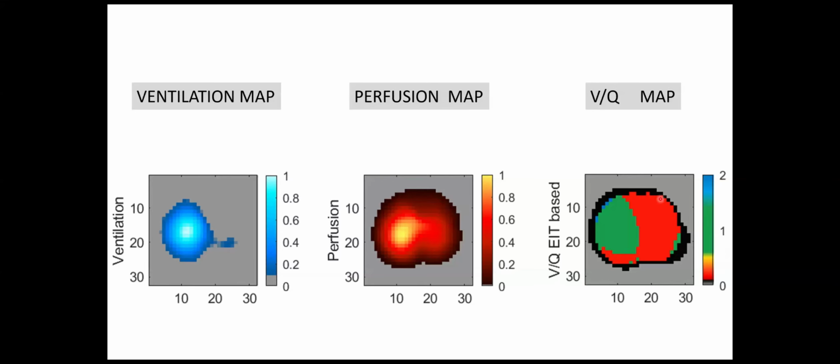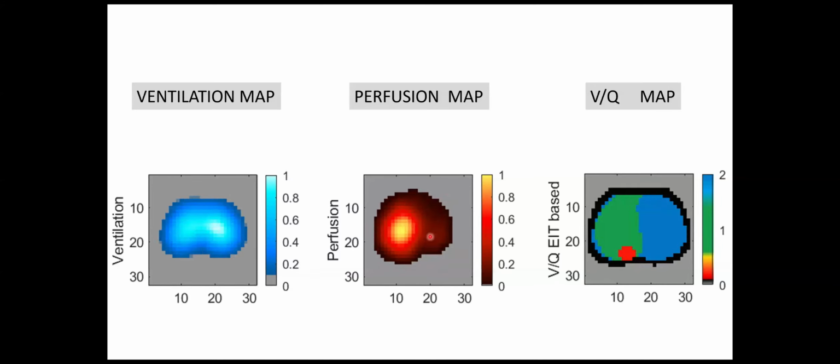But the interesting finding is that this mapping helped us to detect a completely different problem. We can detect that here we have a problem of pulmonary shunt and not of pulmonary emboli. So this situation of impaired perfusion in the left lung gave us a completely different scenario than this one.